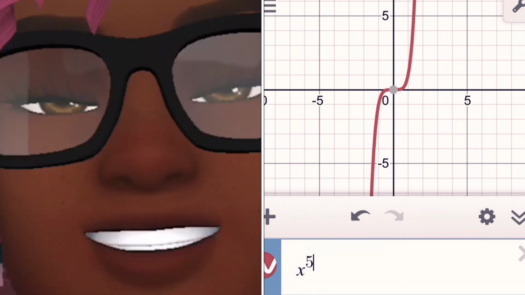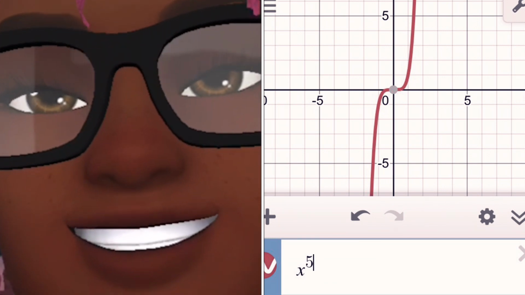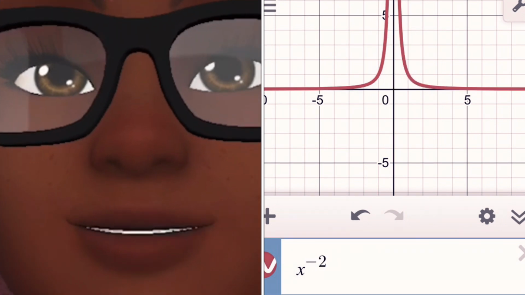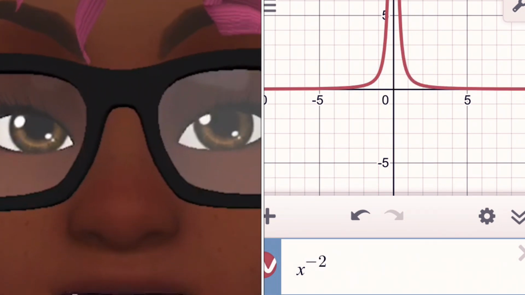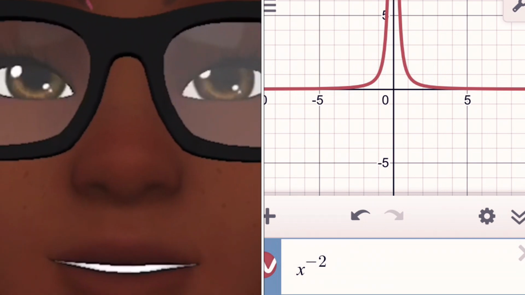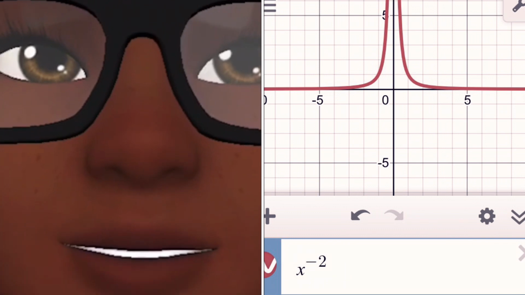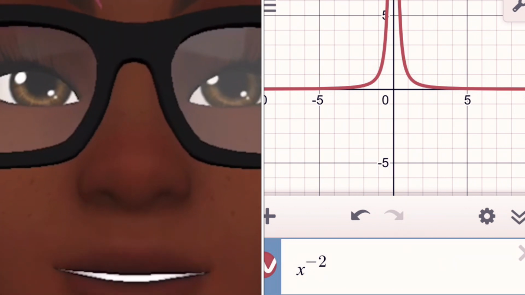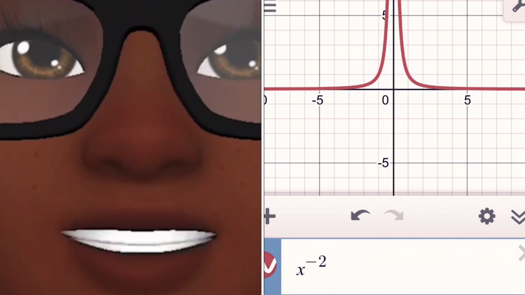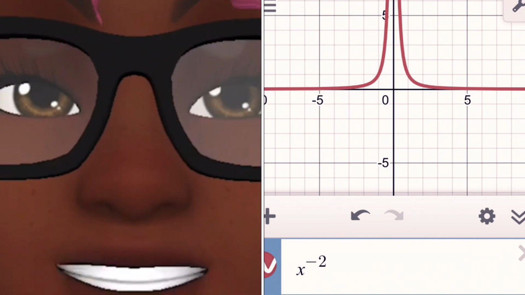It's wonderful. So what if the power is negative, and then the graph looks like hands together? You can remember that when you have x to a negative power, the slopes will come together, similar to this.